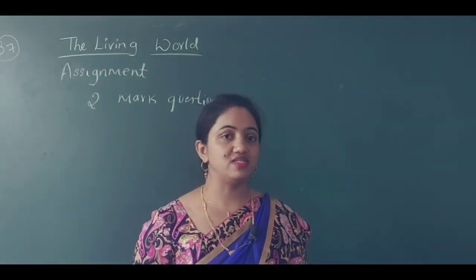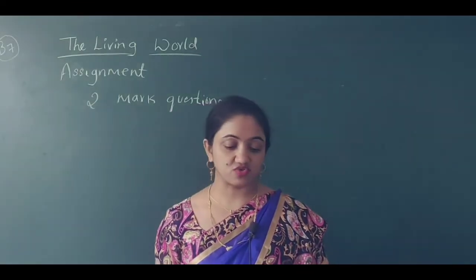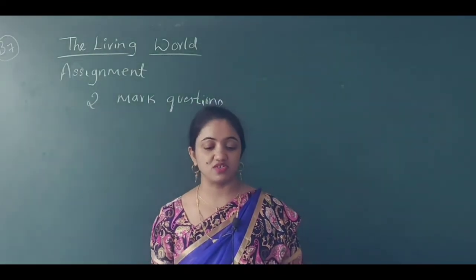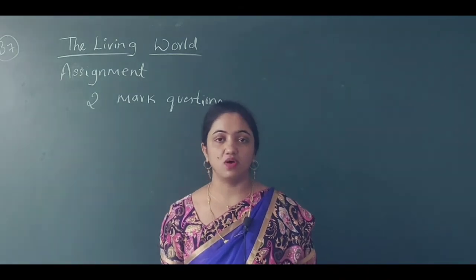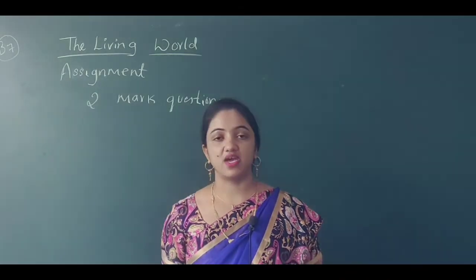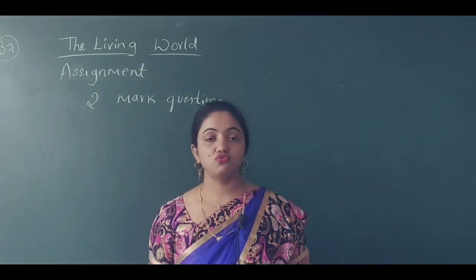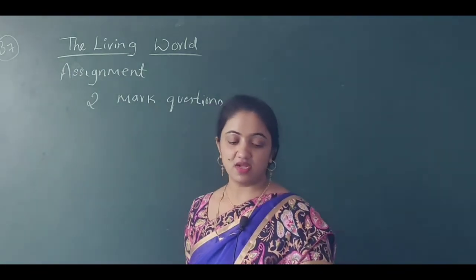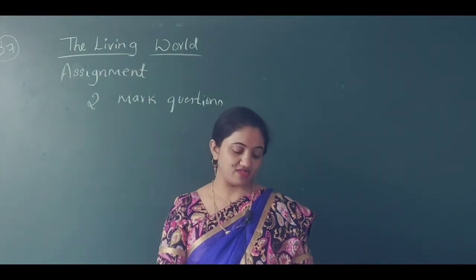If you write only these 4, you will get full marks. Next question. So the first question which comes under 2 mark is, mention any 4 characters of living organisms. Got it?